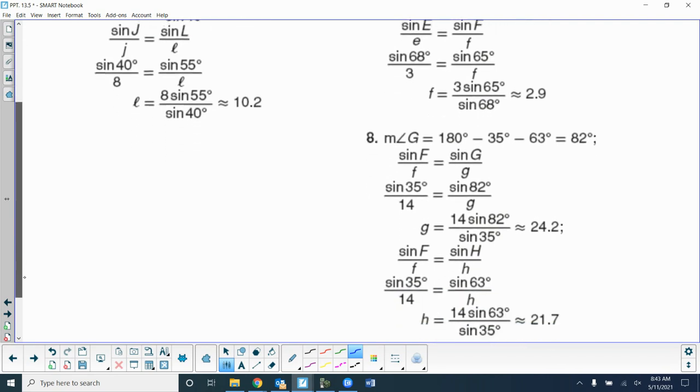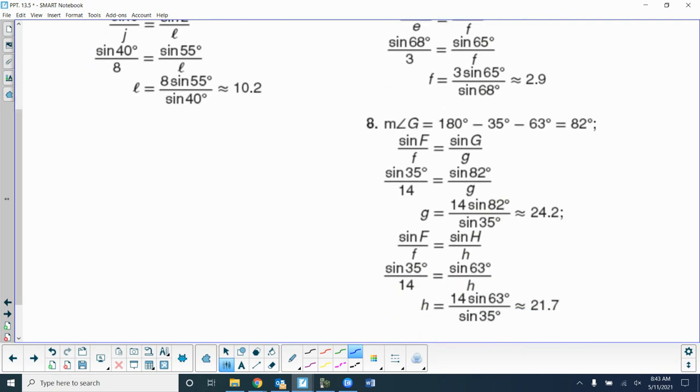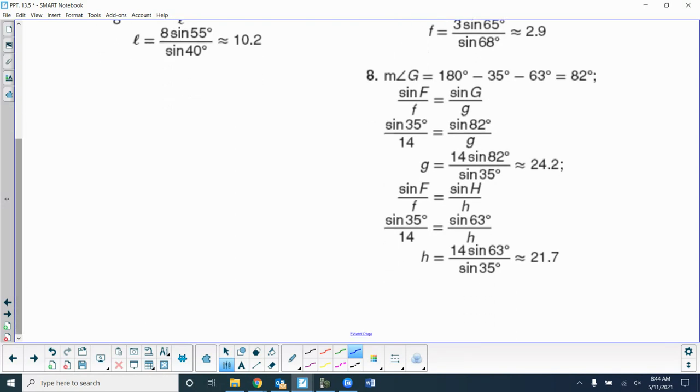Questions on 6. Number 8, angle G is 82 degrees, side G is 24.2, and side H is 21.7. Questions on 4, 6, or 8? I guess that's all I had of those.